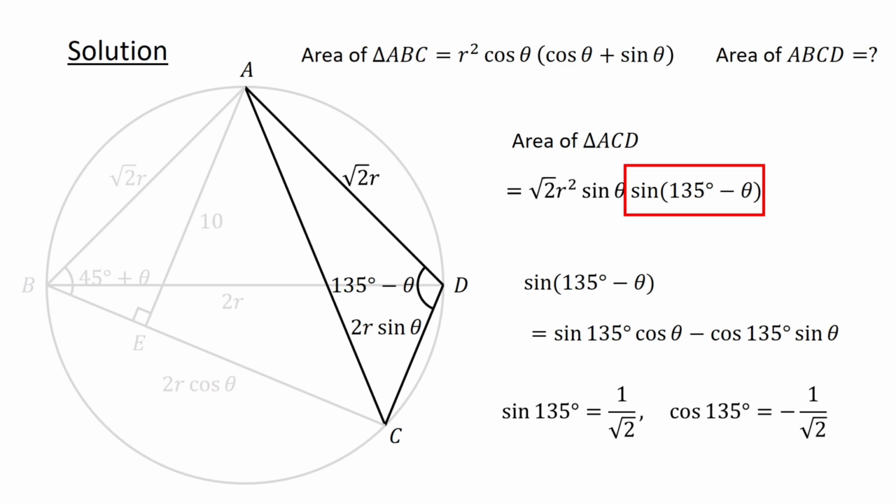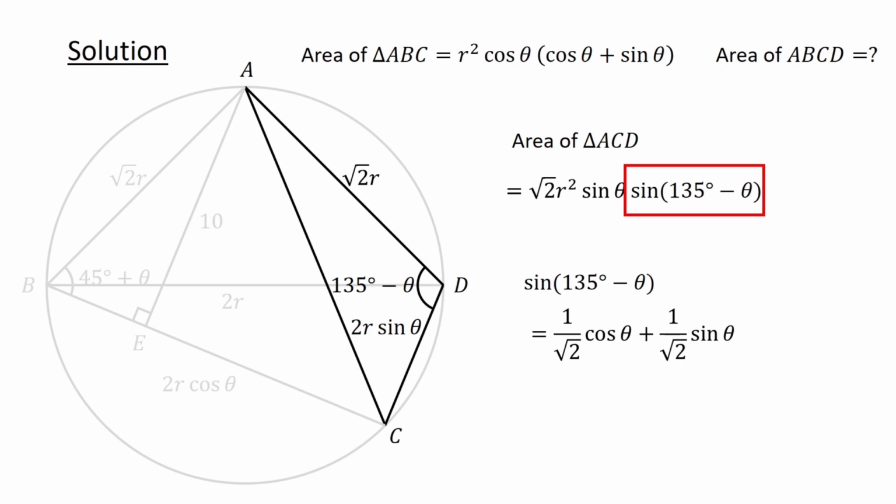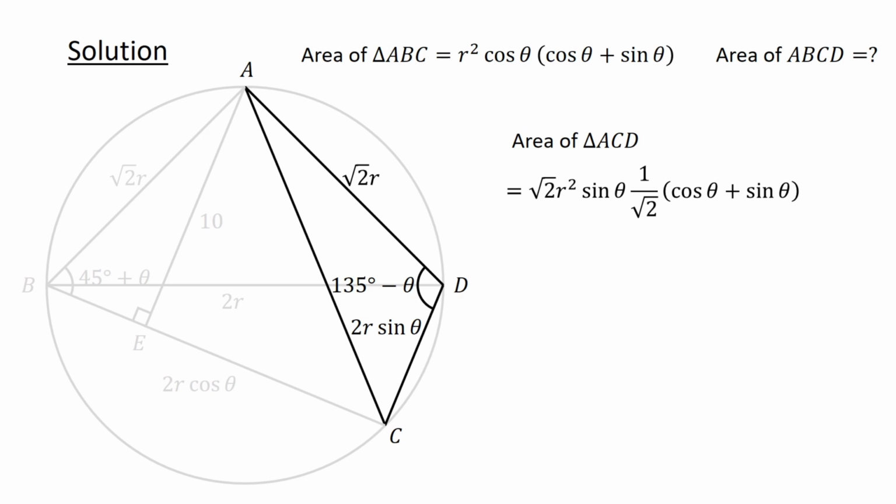Sine 135 degrees equals 1 over square root 2, and cosine 135 degrees equals minus 1 over square root 2. Therefore, our expression becomes 1 over square root 2 cosine theta plus 1 over square root 2 sine theta, or 1 over square root 2 times (cosine theta plus sine theta). Substituting this into our expression for the area, square root 2 cancels out, so we obtain r squared sine theta times (cosine theta plus sine theta).